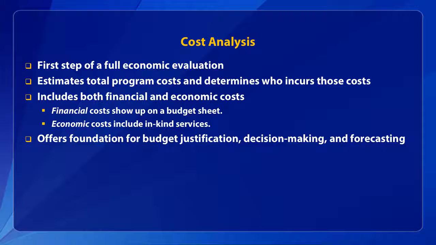These costs are important for determining who incurs the costs, the program itself, participants in the intervention, or external community groups. Programmatic cost analyses include financial costs that appear in a budget, as well as economic costs of in-kind services. Module 3 will provide more information on this topic.